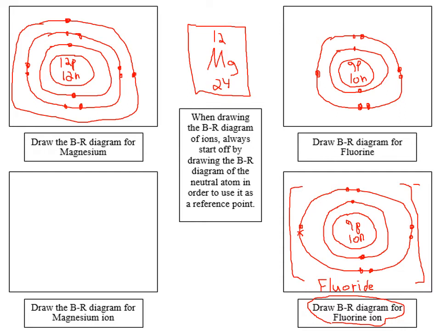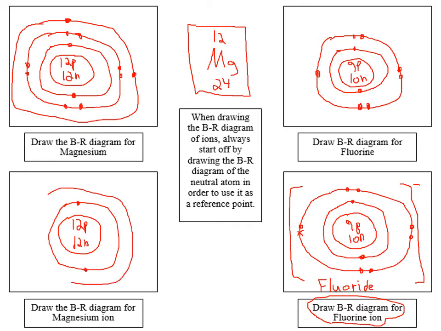So to draw the magnesium ion, we simply redraw the same nucleus, because protons and neutrons will never change. Now we're going to draw the electron shells, except for the last one because we lost 2 electrons. Now because we lost 2 electrons, it's going to become positive, specifically positive 2.